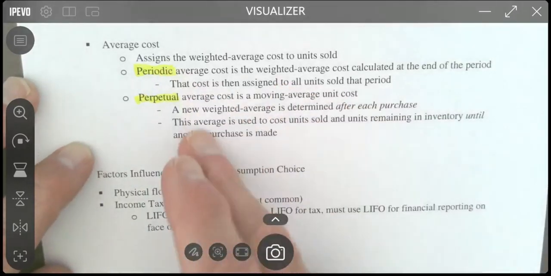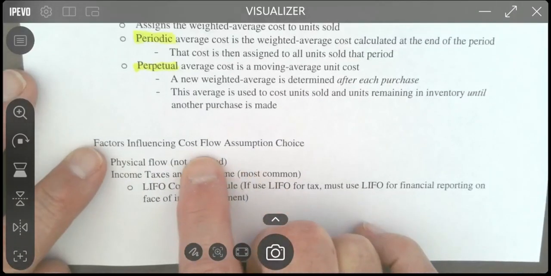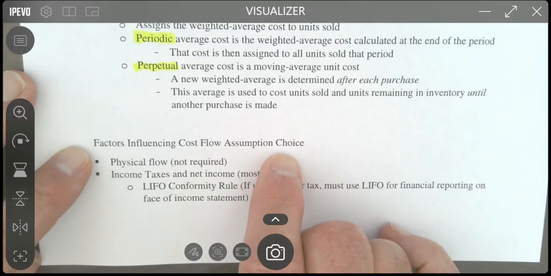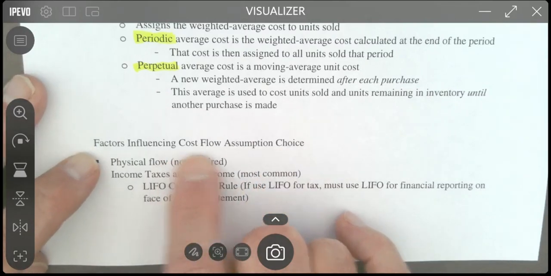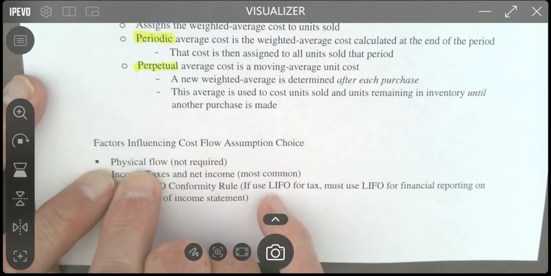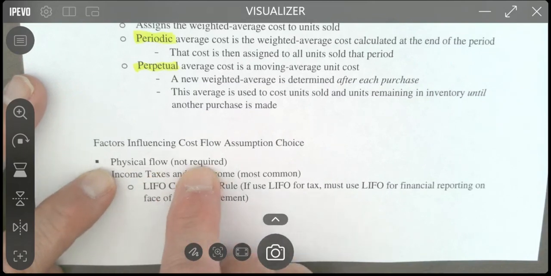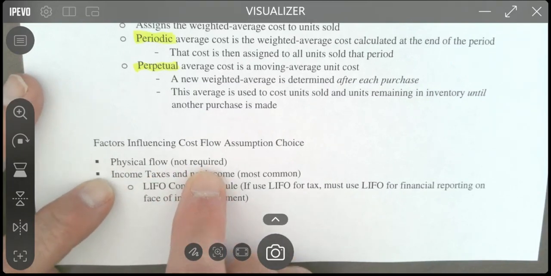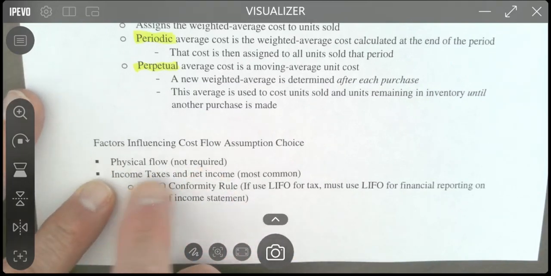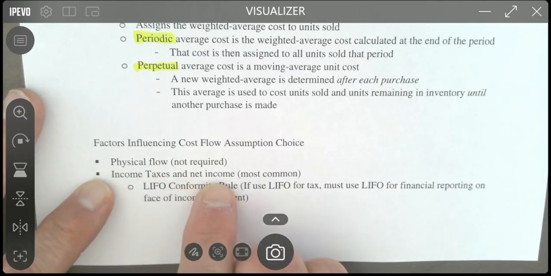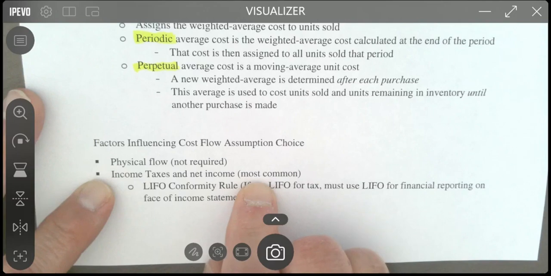Now, once we've made that choice, we have to choose which cost flow assumption we're going to choose. The choice could be made to reflect the physical flow, although, as I've emphasized earlier, this is not required, or it could be influenced by income tax considerations or net income considerations. That's the most common reason the choice is made.